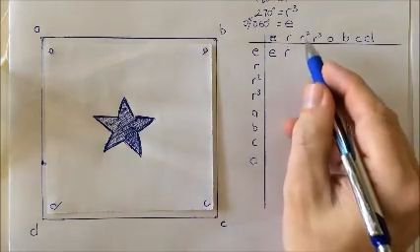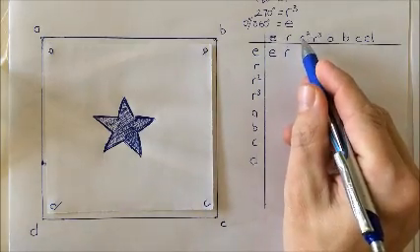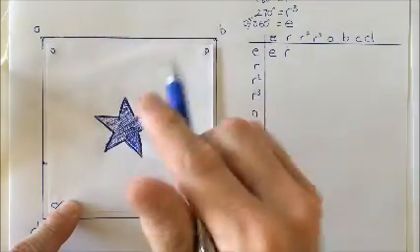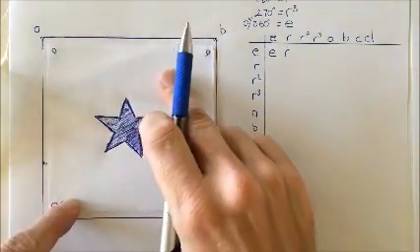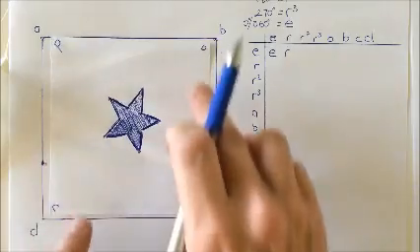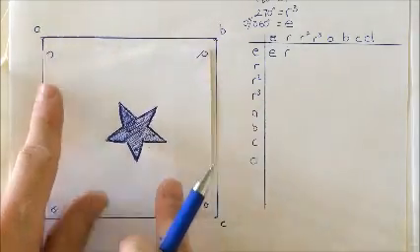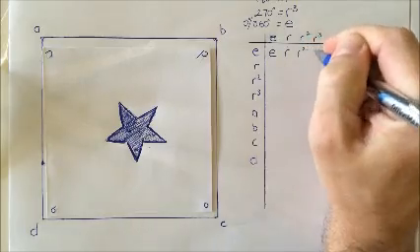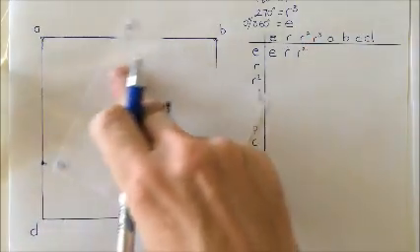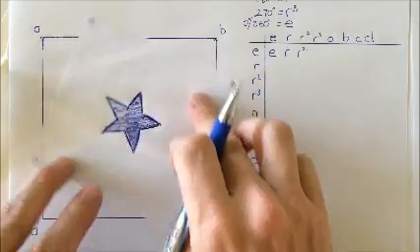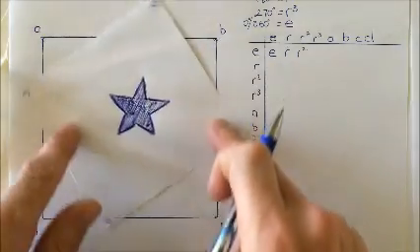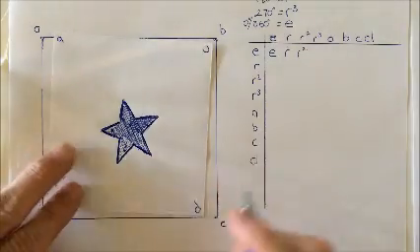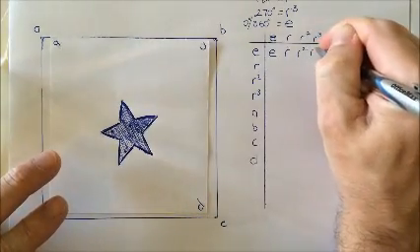Now, R squared, or 2 rotations. We start back at the start with our A's, B's, C's and D's lined up. 1 rotation, 2 rotations. It equals 2 rotations. We reset for 3. 1, 2, 3 rotations, or R cubed.